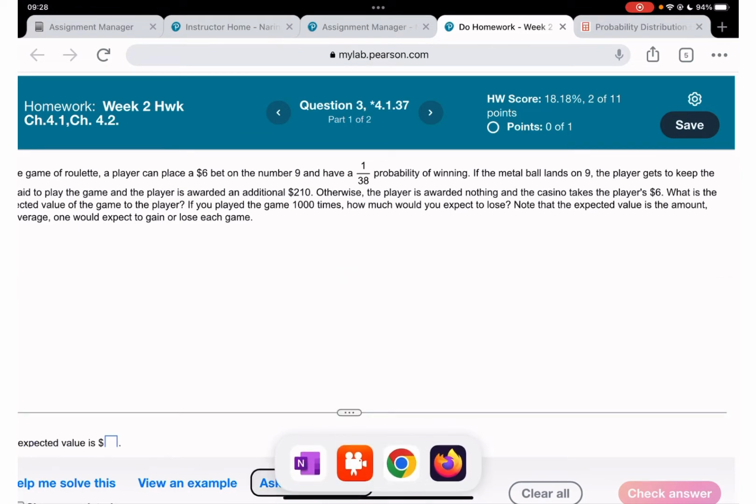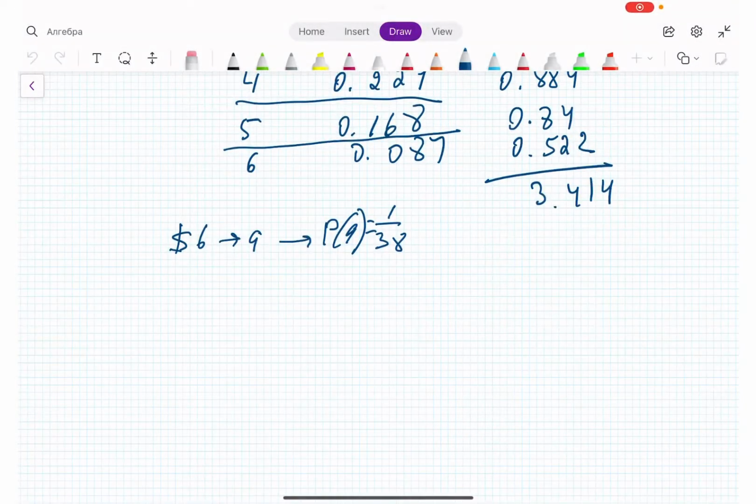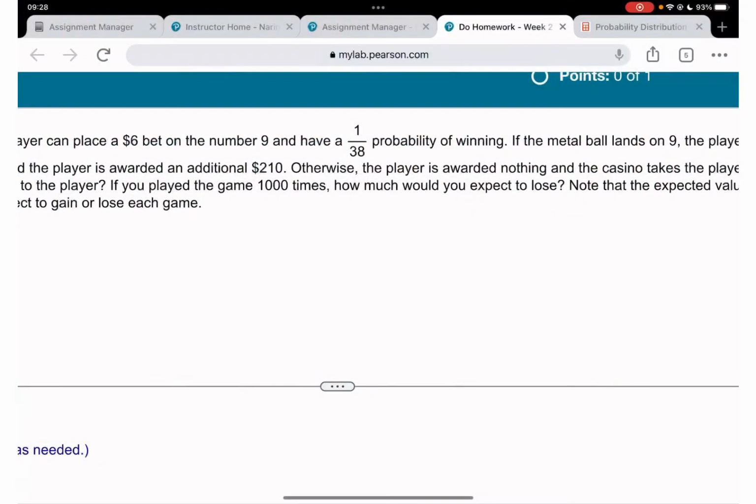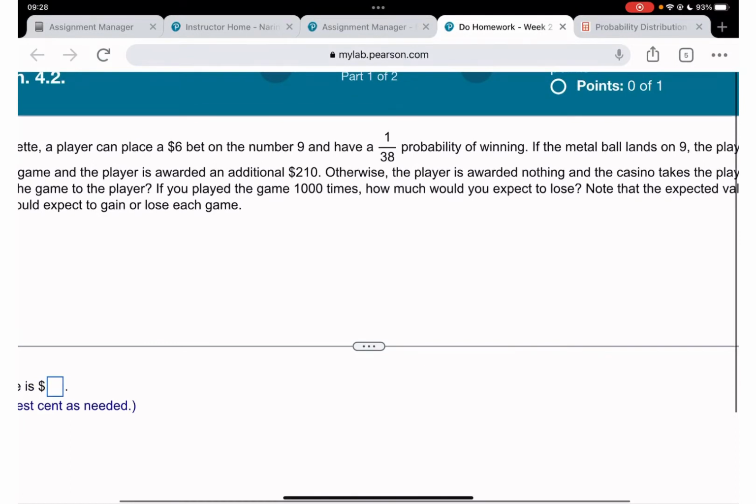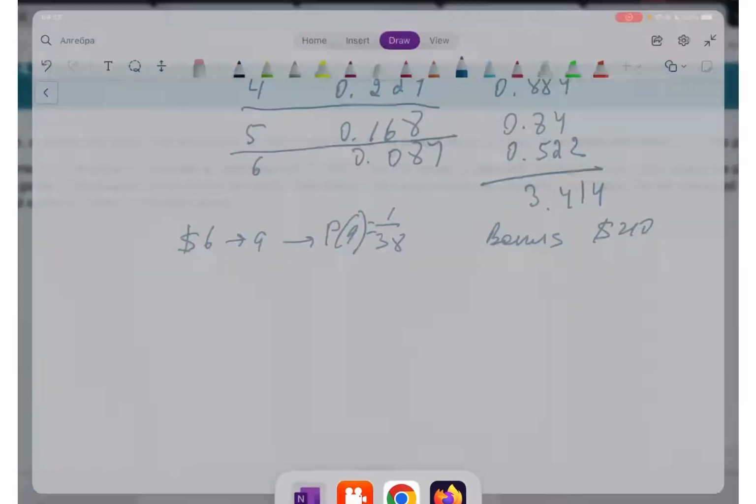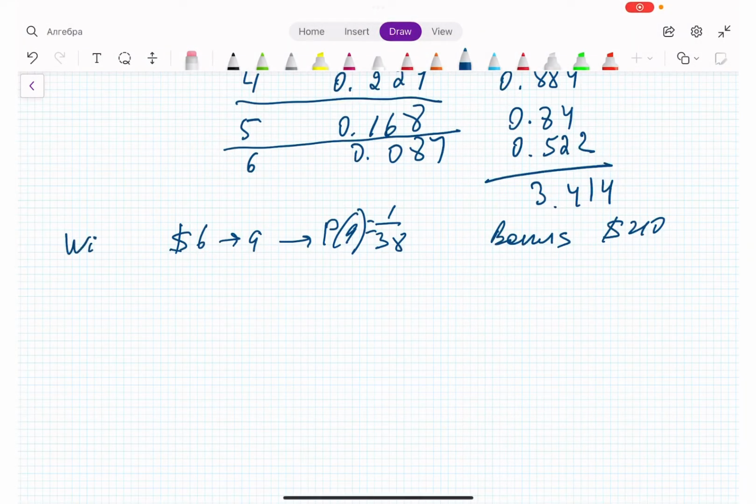Okay, so it's going to be a bonus of $210. Otherwise, the player is awarded nothing, and the casino takes the player's $6 if it lost. All right. This is win. This is loss, and it's going to be minus $6, right?